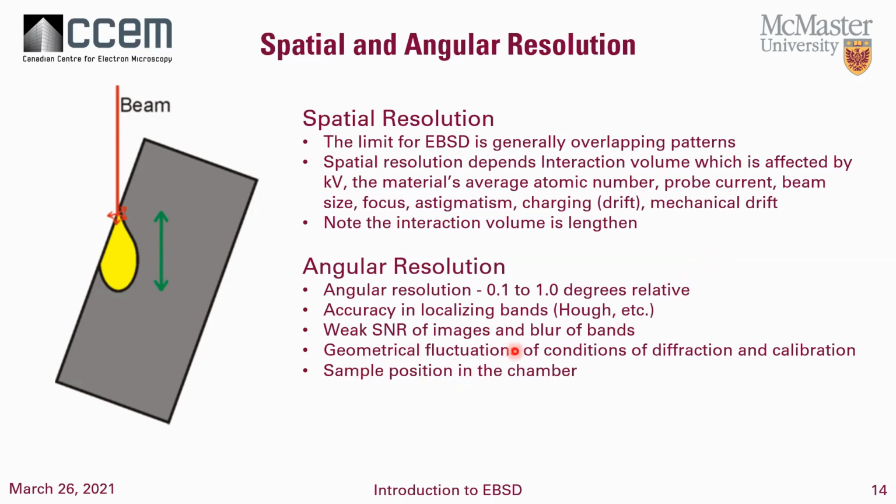You can also get geometrical fluctuations for the diffraction. The calibration may not be exactly right, so you may have problems. And the position of the sample versus the camera and the beam may have some effects on what you're seeing.